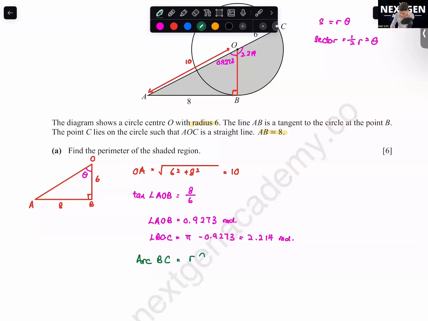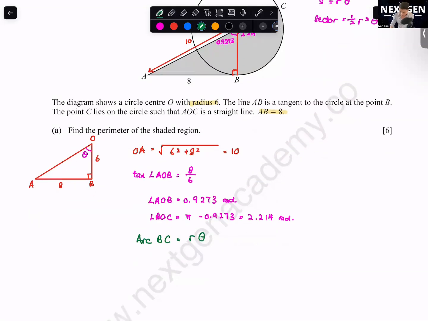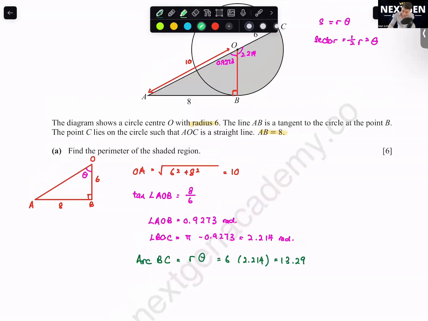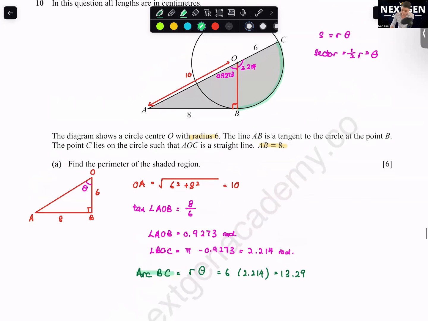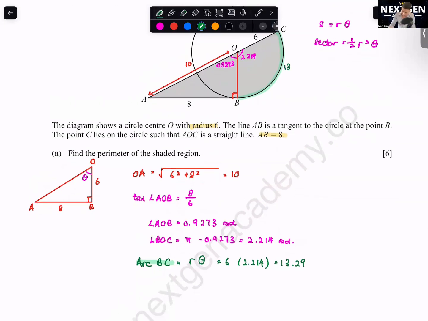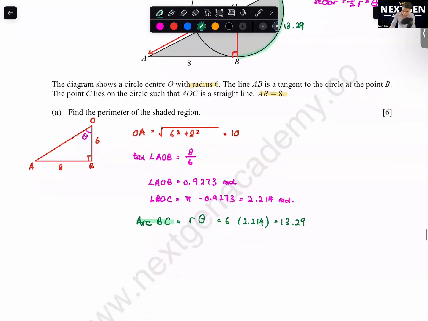We use the formula r theta. r is 6, theta is 2.214. So we get 13.29. This is this part here. Can we add all of it up? Just label it down. Total, add up all together: 6 plus 10 plus 8 plus 13.29 equals 37.3.